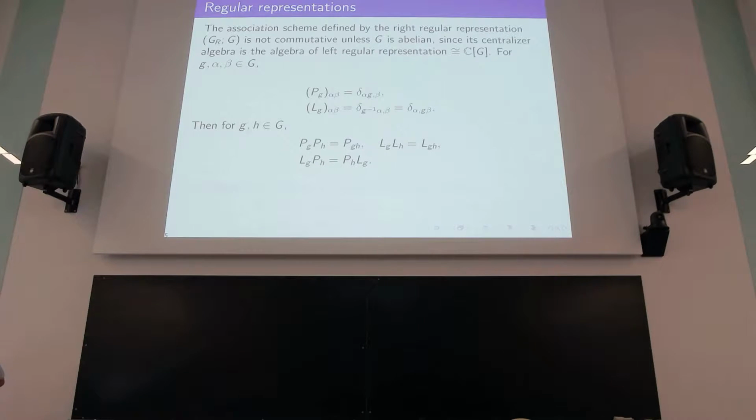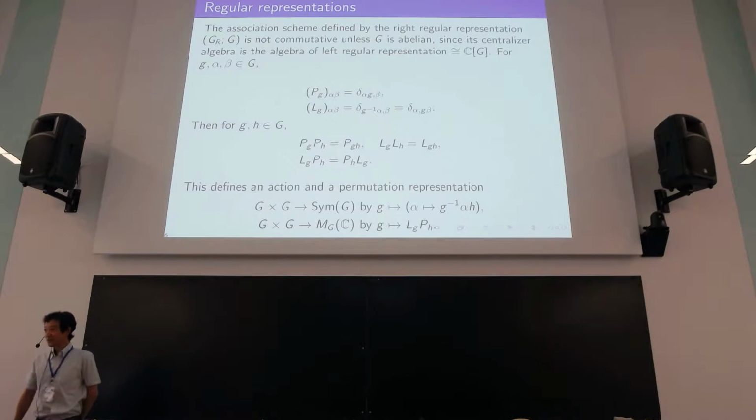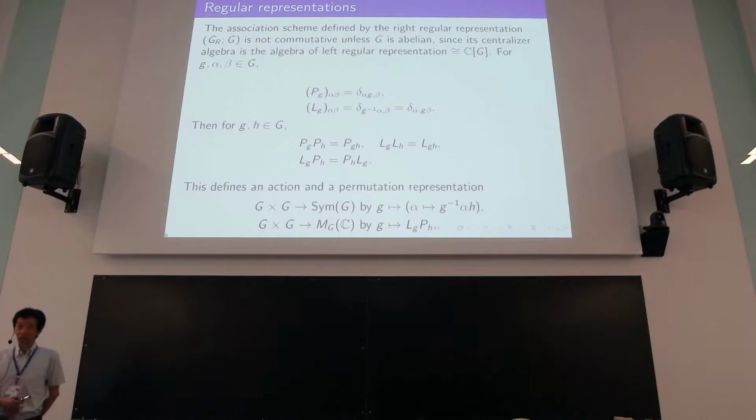Now, I want to combine these two to create a new permutation group, that is, G times G acting on the right and left.